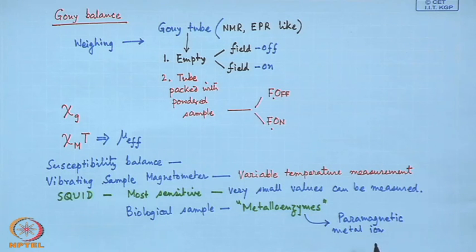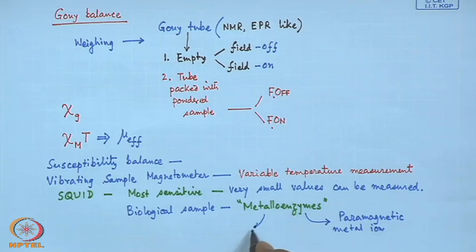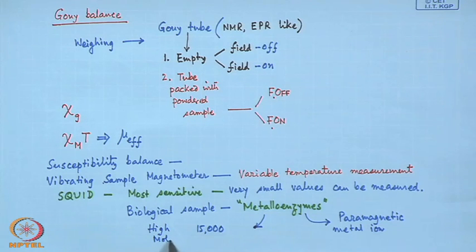So, how to detect that paramagnetism, because these metalloenzymes have a molecular weight of several thousand, say 15,000, so several kilodaltons, with say one metal ion which is paramagnetic.